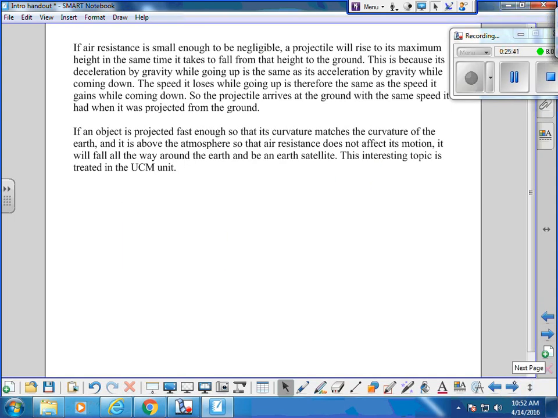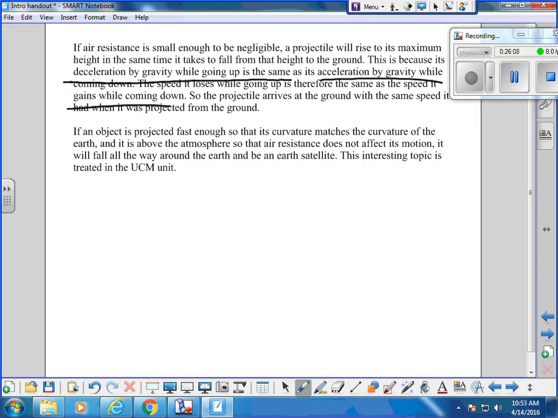If air resistance is small enough to be negligible, a projectile will rise to its maximum height in the same time it takes to fall from that height to the ground. This is because deceleration by gravity while going up is the same as acceleration by gravity while coming down, right? That's important there. So the projectile returns to the ground with the same speed it had when it was projected from the ground.